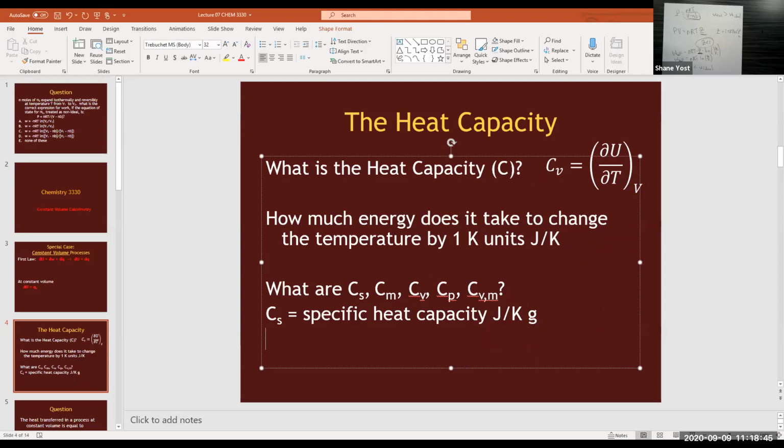A specific heat capacity is just the heat capacity divided by the mass of an object, right? 1 gram or 1 kilogram, depending on what it's given as, right? CM, the molar heat capacity, right?